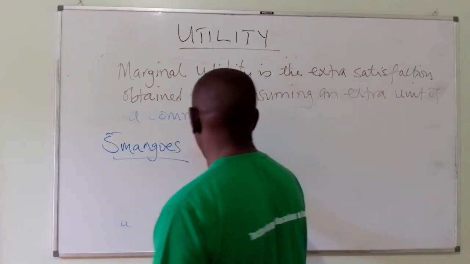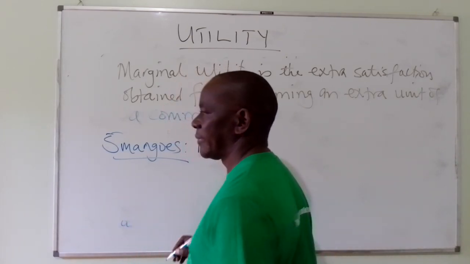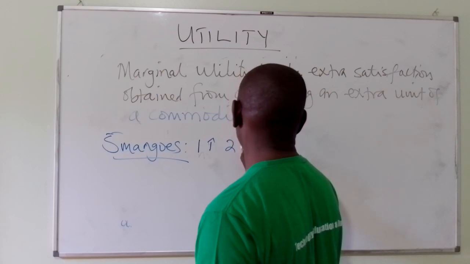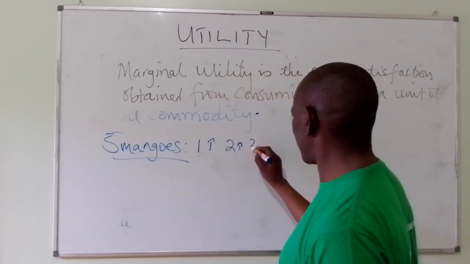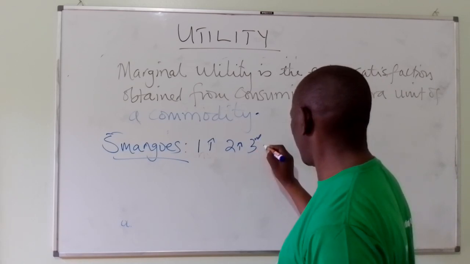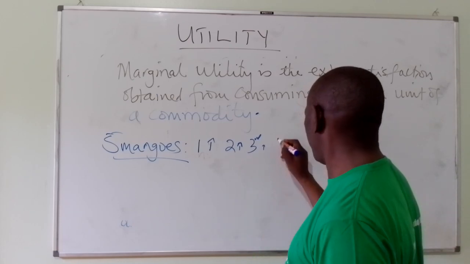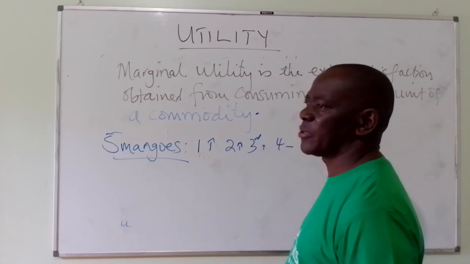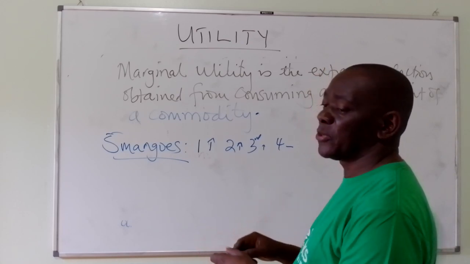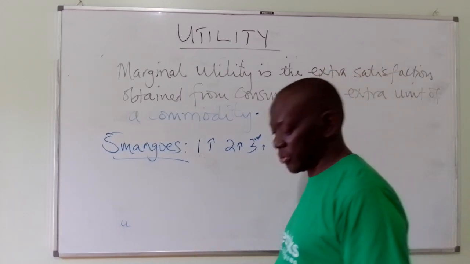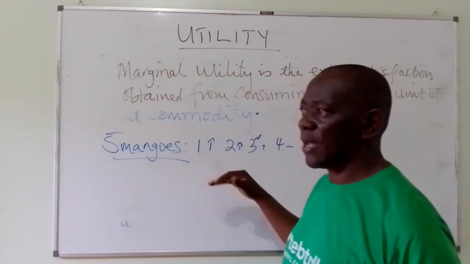So they give you the first one, it is a high. Then you get the second one, it is also high but not very high. The third one is very low. Then by the time you get to the fourth one, there's almost no satisfaction. And when they give you the fifth one, you say, let me eat it tomorrow, because the satisfaction is no longer coming to you.